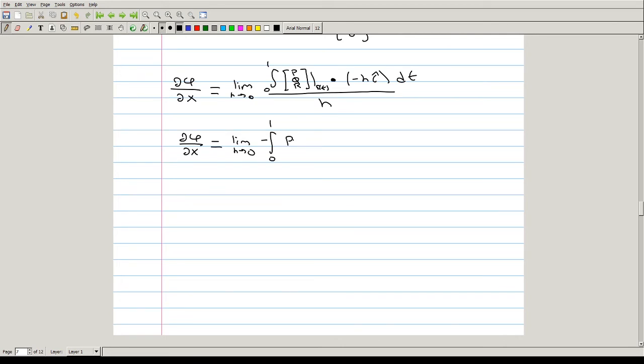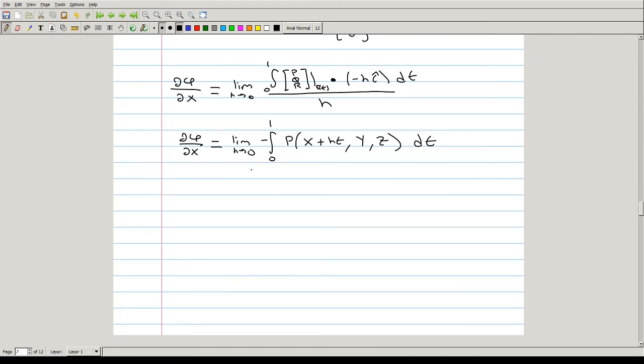This is going to be just P of x plus h times t, because that's the x coordinate of the point B, and then y, z, dt.